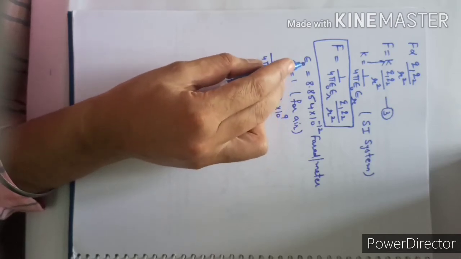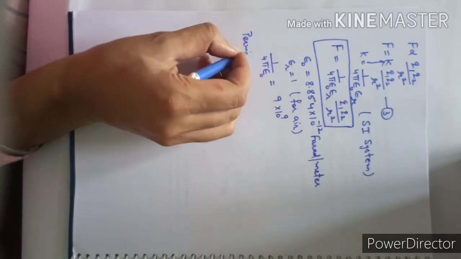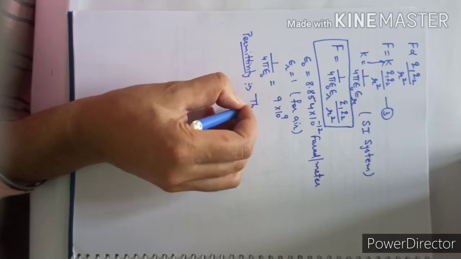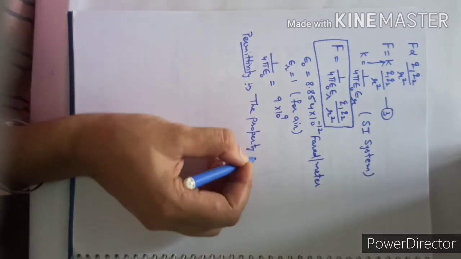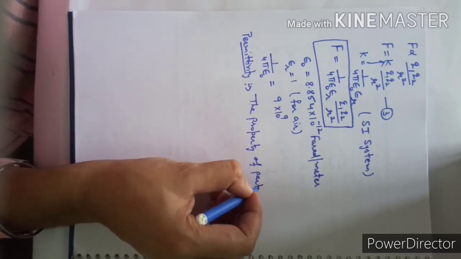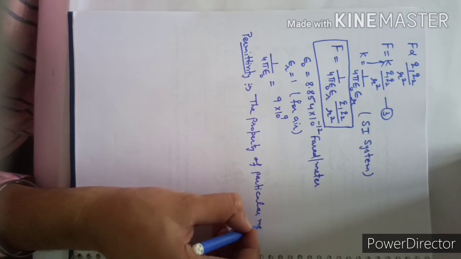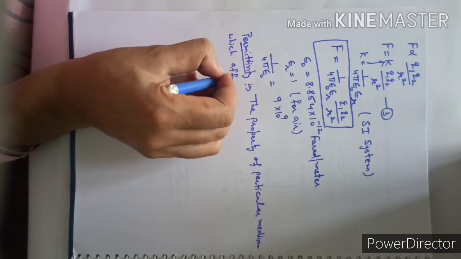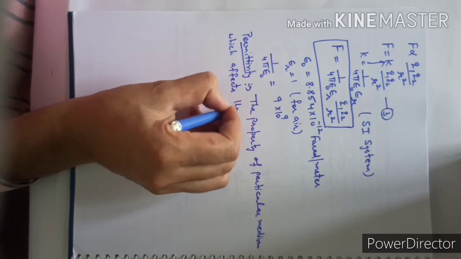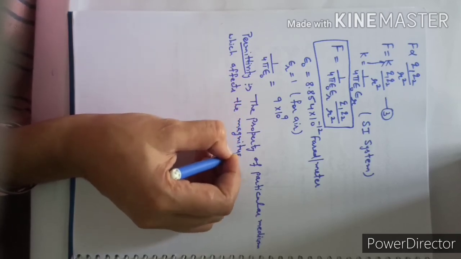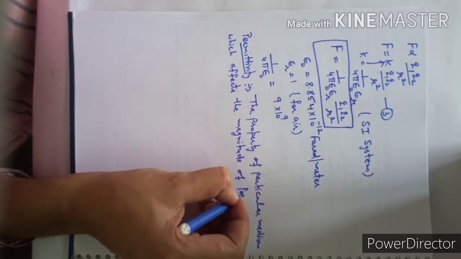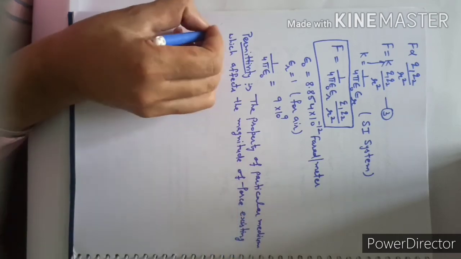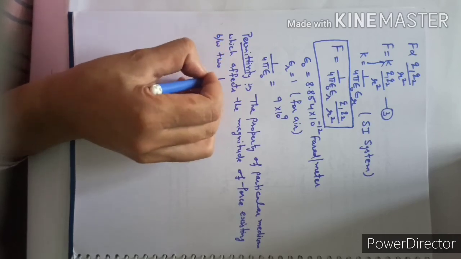Now we can define the meaning of permittivity. The property of a particular medium which affects the magnitude of force existing between two point charges.